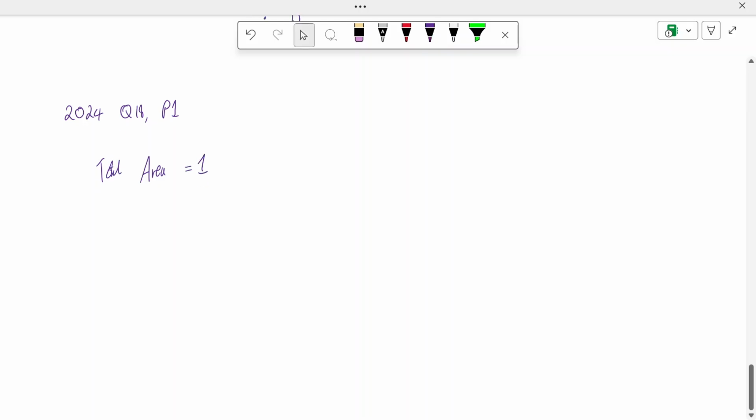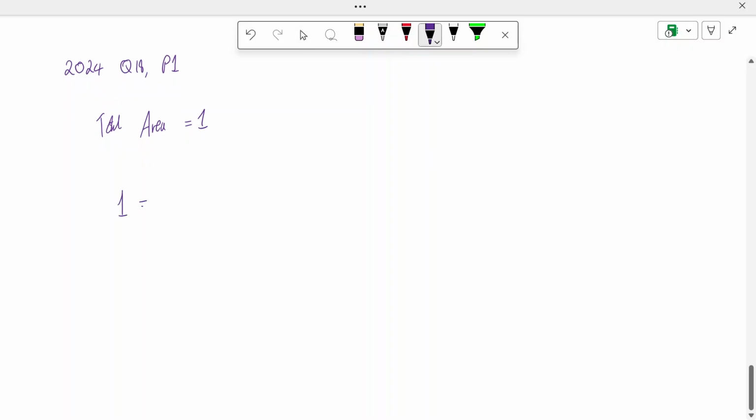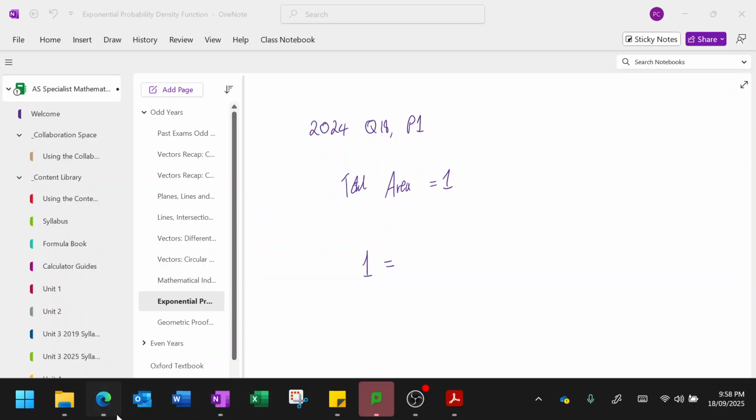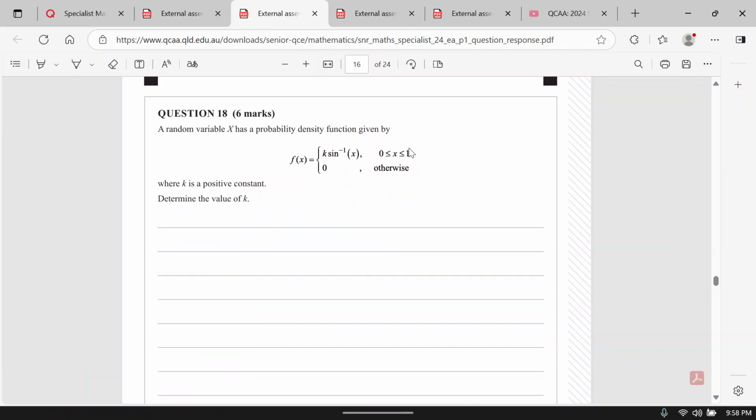So straight away I can set myself up for success here by noting that the total area 1 is going to be equal to the entire range of my function, and this function gives that to me because x is going to be between 0 and 1.